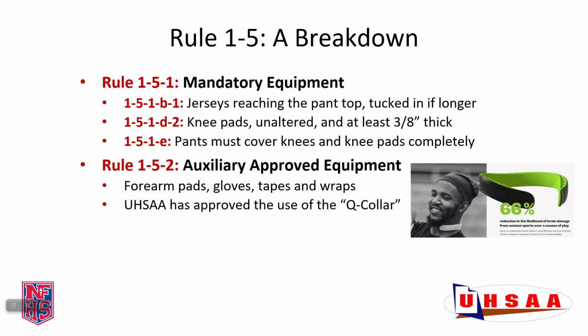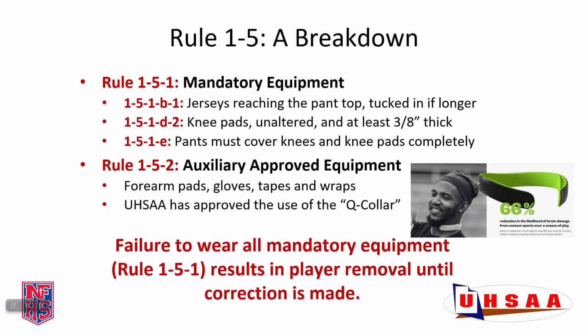There is an opening in the front, as you can see in the product diagram here, that makes it different than a simple sweatband around the neck. So this is the approved device, and it's called a Q collar. Failure to wear any of this mandatory equipment or auxiliary approved equipment as designed by the manufacturer will result in a player being removed until the correction is made.